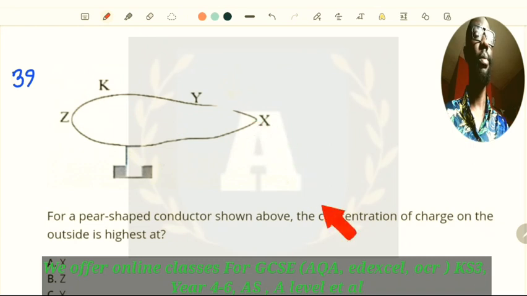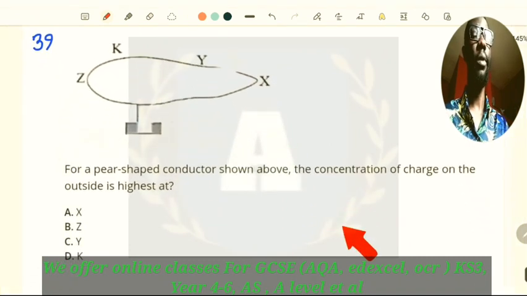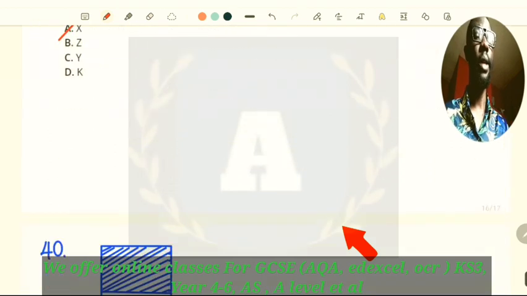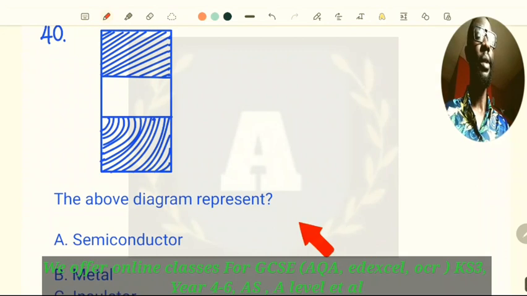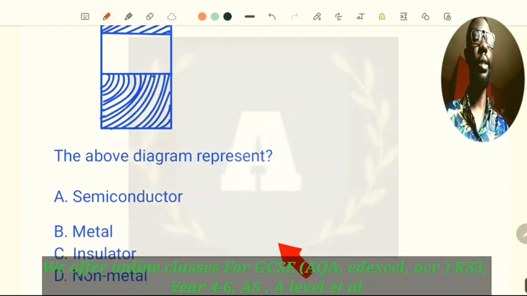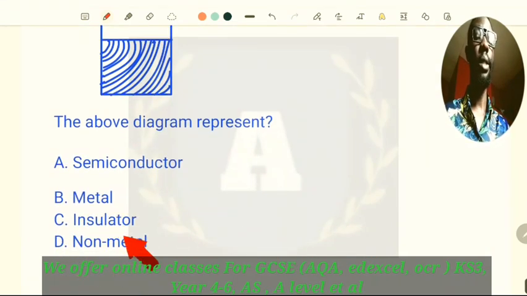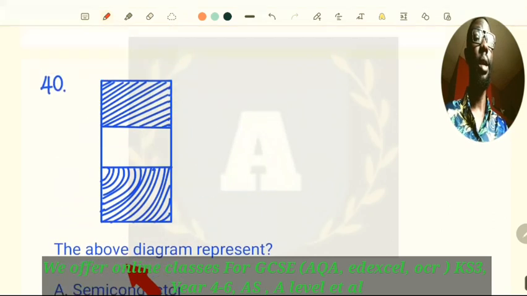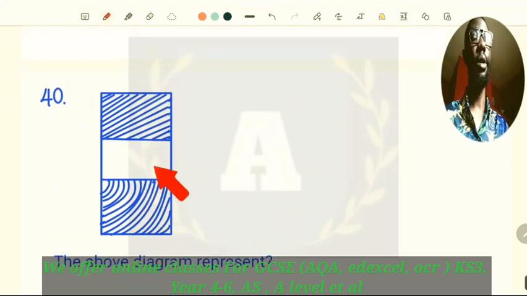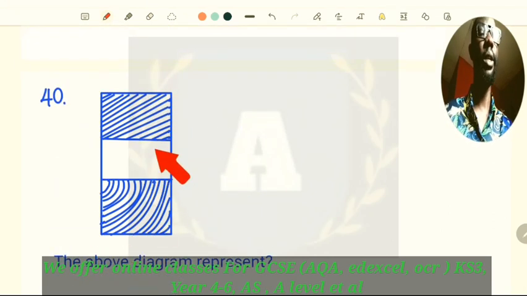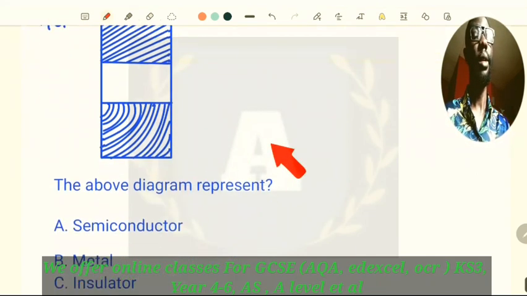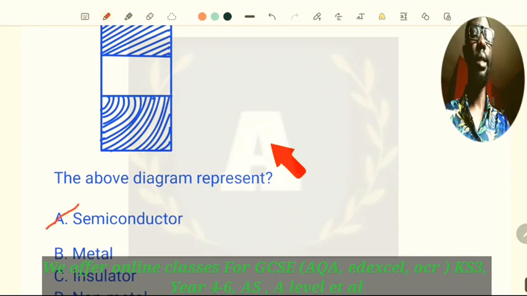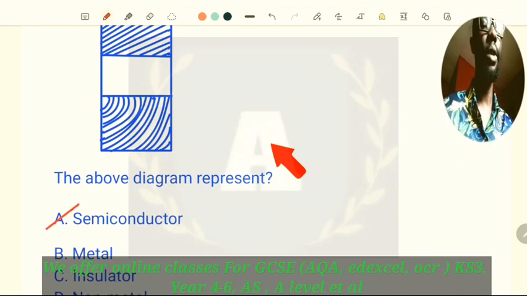So this pointed part is where you have the correct thing, which is X, option A. Now the last question, we have a diagram, and the question says the above diagram represents a semiconductor, metal, insulator, or a non-metal. Now look at the band gap, also known as the energy gap or the forbidden gap, is very small. So the correct answer there is semiconductor.